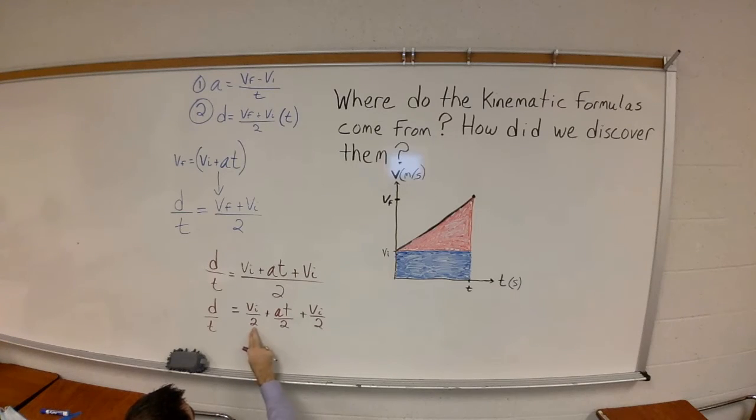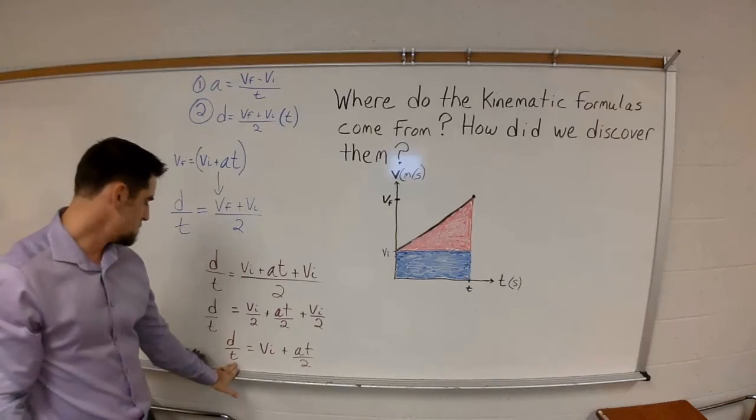Now I can add these terms together. So 1/2 VI plus 1/2 VI gives you a whole initial velocity. We've got distance over time is equal to VI plus AT over 2.